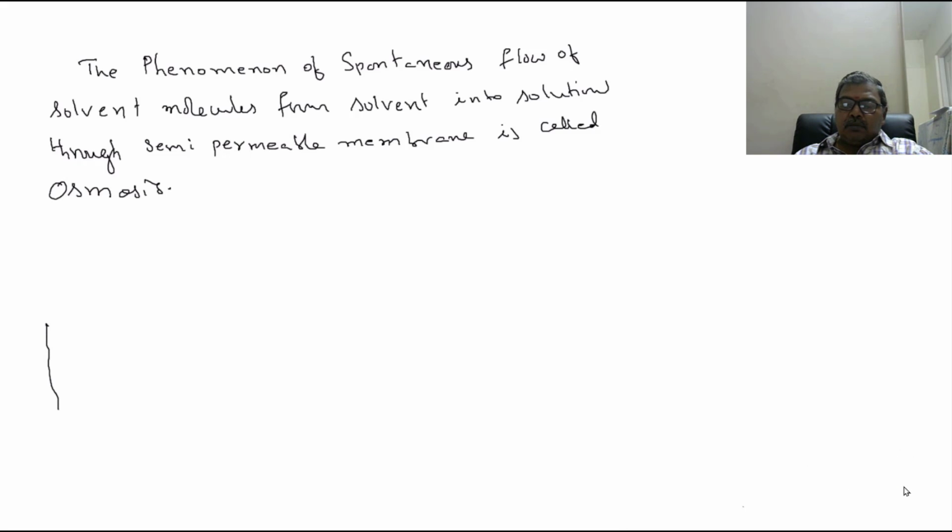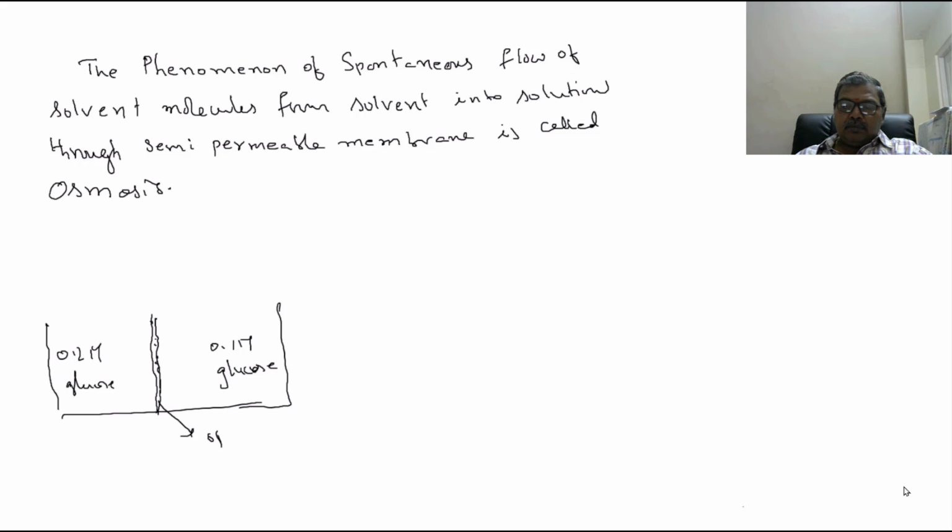Now, for example, take a 0.1 molar glucose solution on this side and 0.2 molar glucose on this side, and these two solutions are separated by a semi-permeable membrane. Here 0.1 mole of solute particles are there, and this side 0.2 mole of solute particles are there.